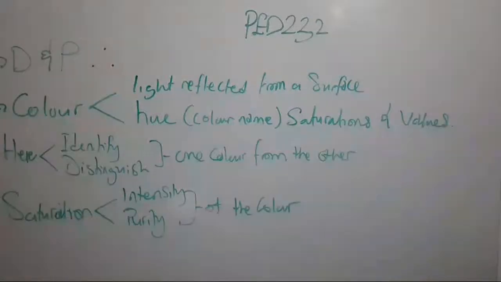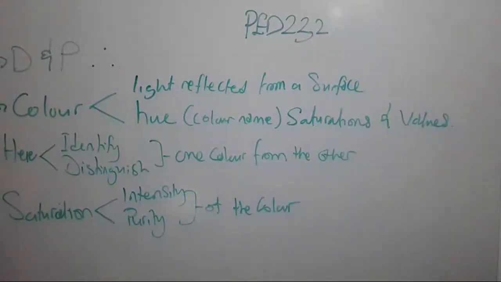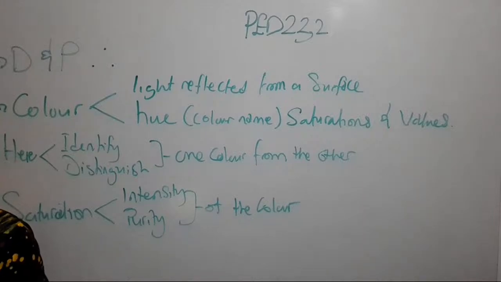Now, values, as we have said: hue, saturation, and values. Values refers to the amount.